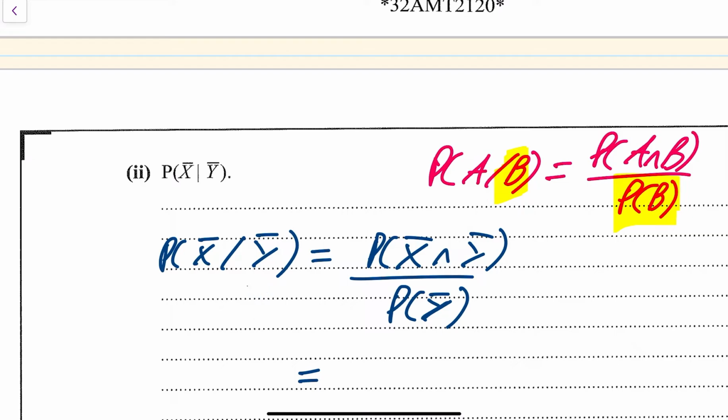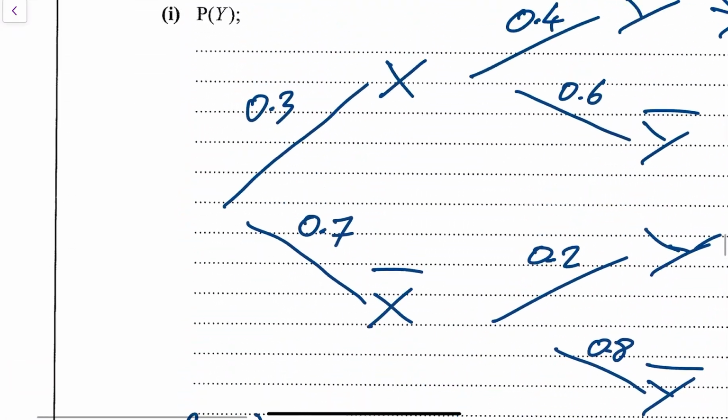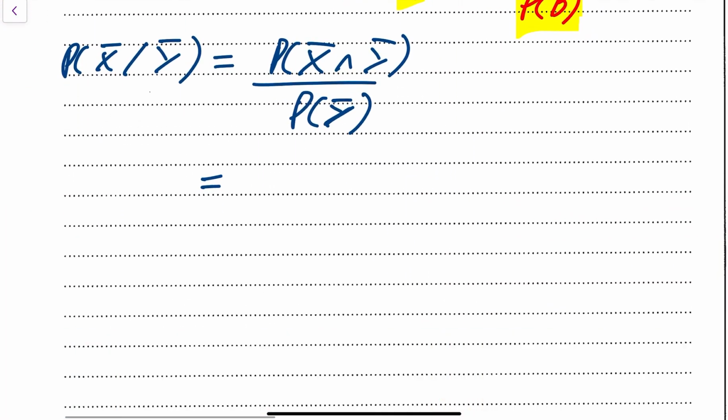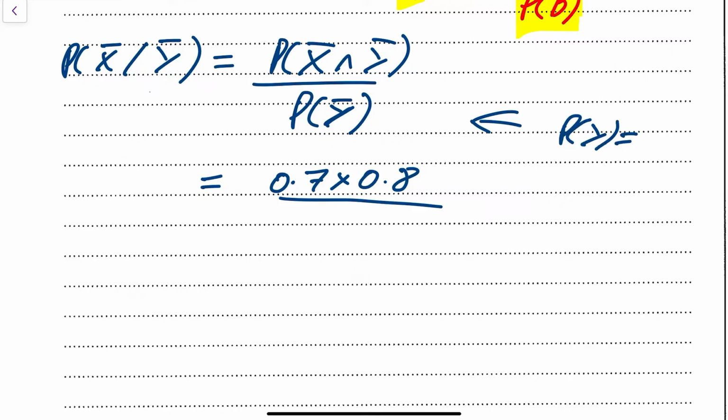Fill that in. So not x, not y from our tree diagram was the bottom branch. So 0.7 times 0.8. And the probability of not y, we worked out in the last question was 0.26, so not y will be 1 minus 0.26. Do that in one go on your calculator.